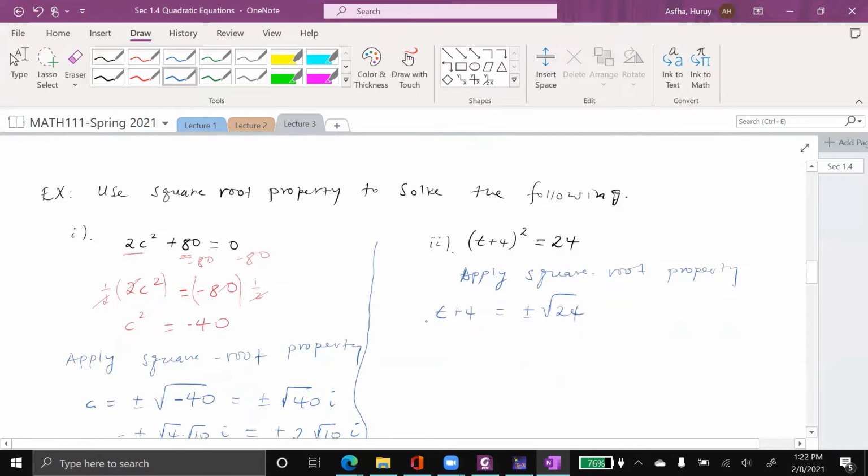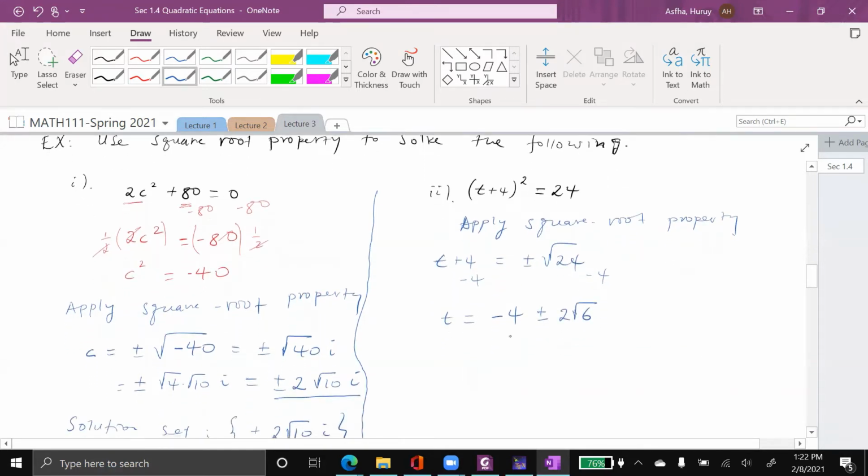So I will isolate this variable. We have to subtract 4 on both sides. So this becomes t, and we have -4. We'll write it first, and then we have plus or minus. And what is this? 24 is 4 times 6, so we have 2 root 6.